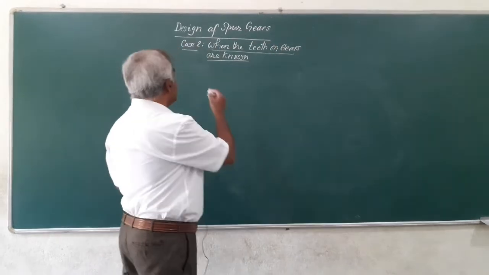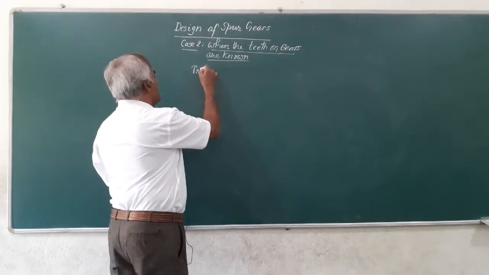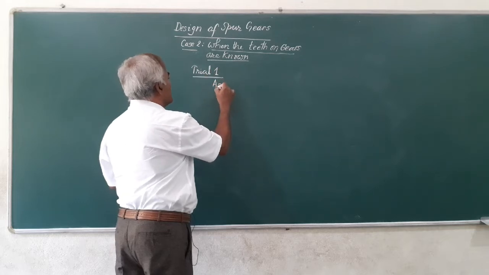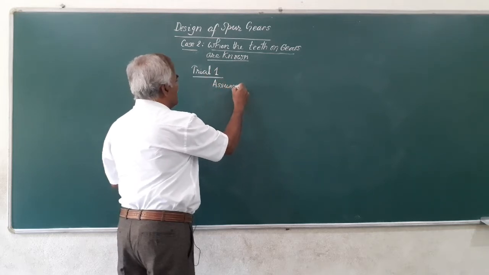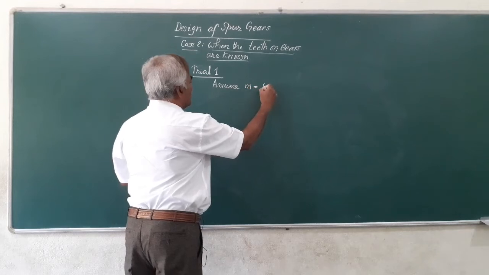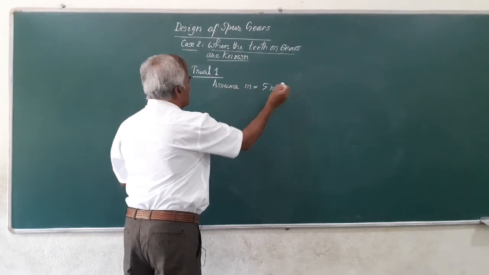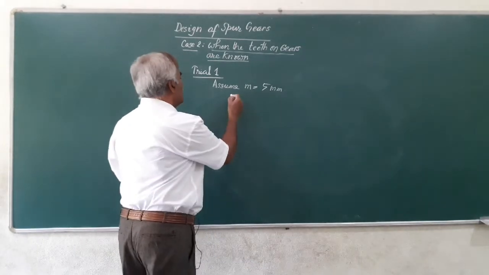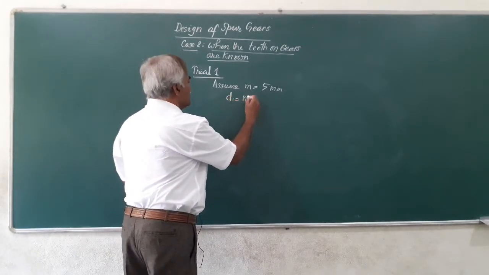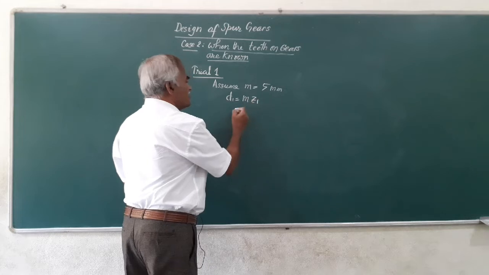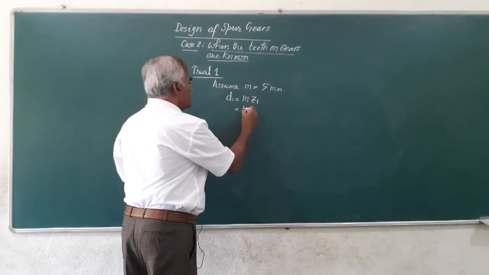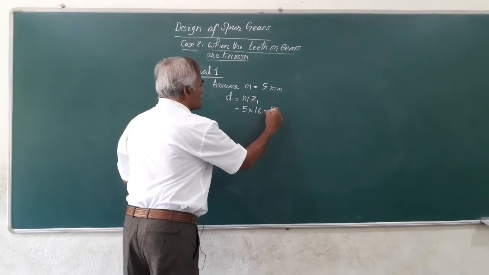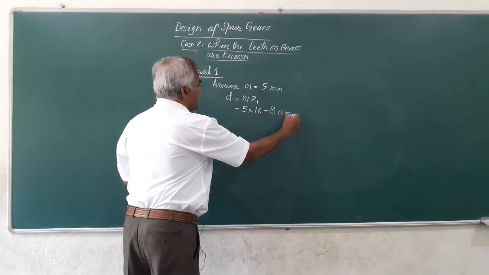So in the first trial, I am going to take trial number 1. I assume M is equal to 5 millimeter. Then friends, here pinion is the weaker member, D1 is equal to m Z1. We do not know D1, m I have taken as 5, Z1 is given as 16. So this works out to 80 millimeter.